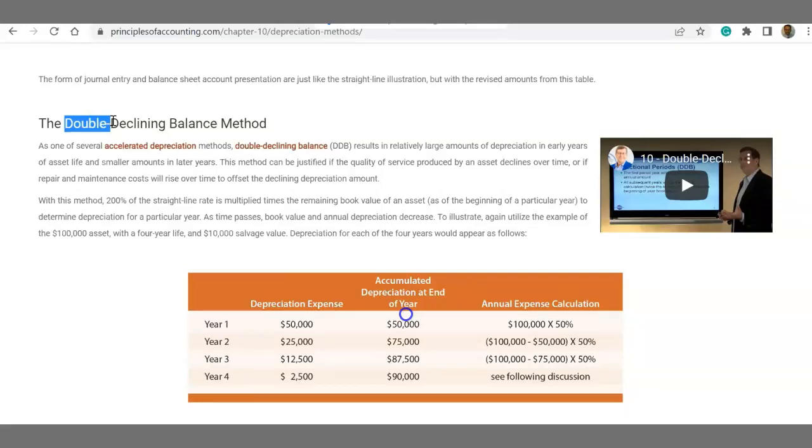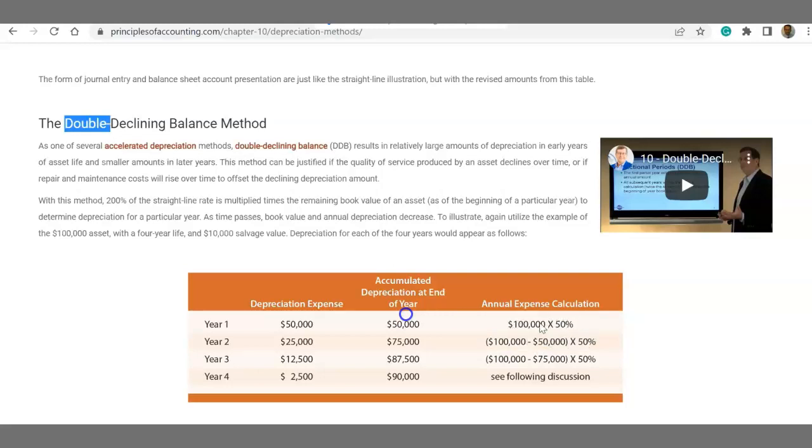Under straight line, you divide by 4, so 100% divided by 4 is 25%. 25% times 2 is 50%.